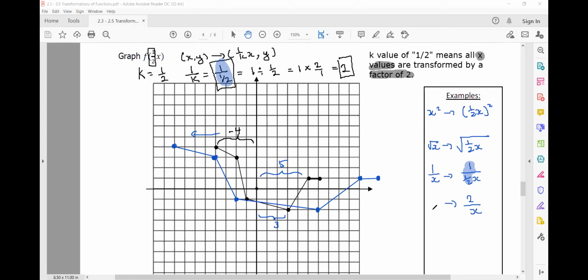So at this point, we have covered 4 different transformations.